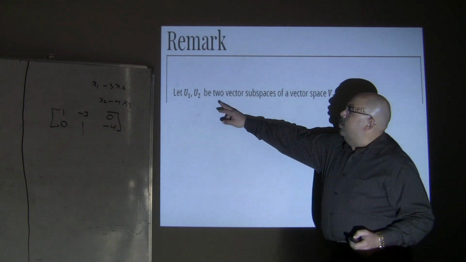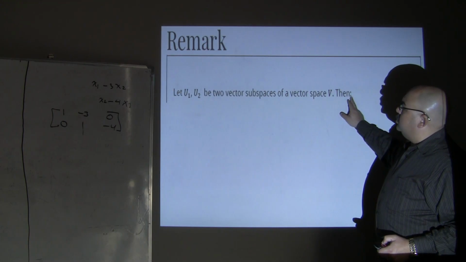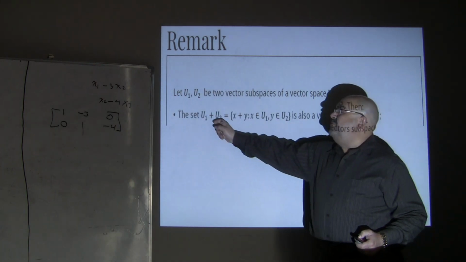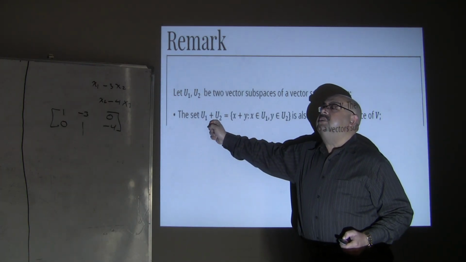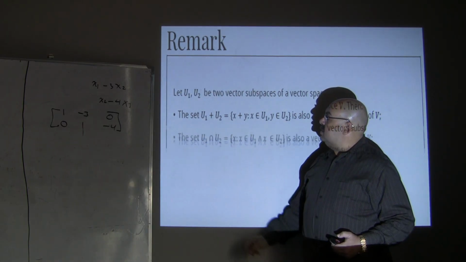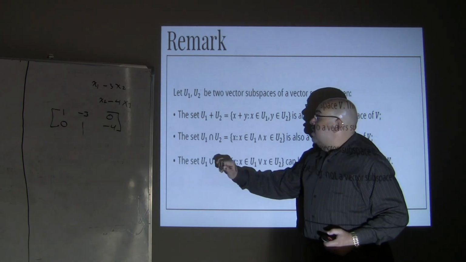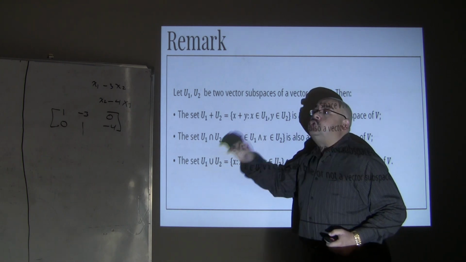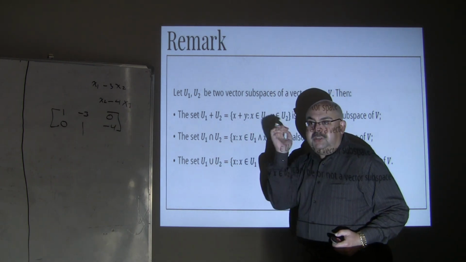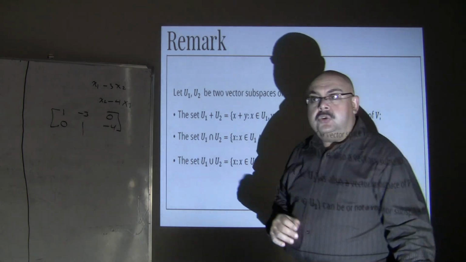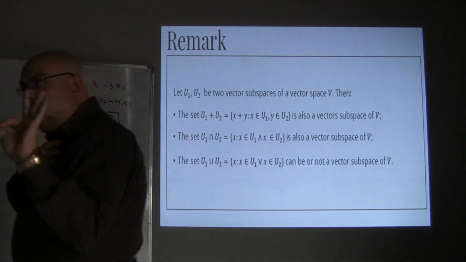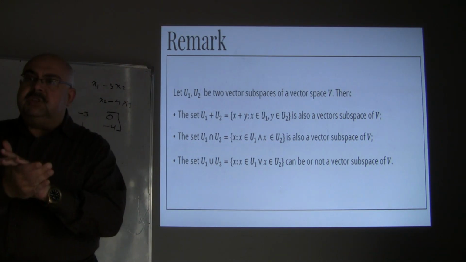Okay, if I have U1 and U2 as subspaces of vector space W, then their addition is a subvector space. Their intersection is a subvector space, but their union is not necessarily a subvector space. So now I have 3 relations, which are really very important, Mr. Muhammad.